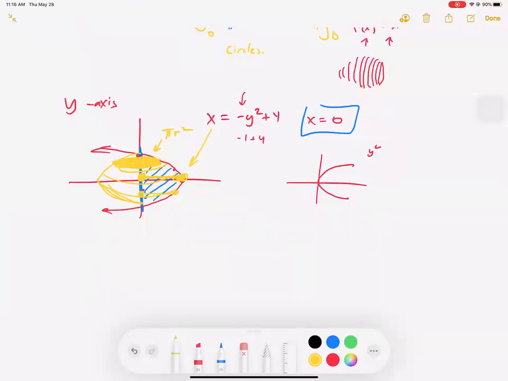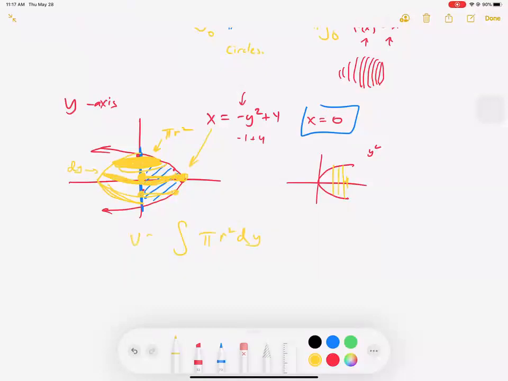And they gave us the equation. So just like before, we go integral pi r squared. And instead of doing dx, because x's are little slices, like little widths, we want slices of height. So we're looking at a little bit of dy.